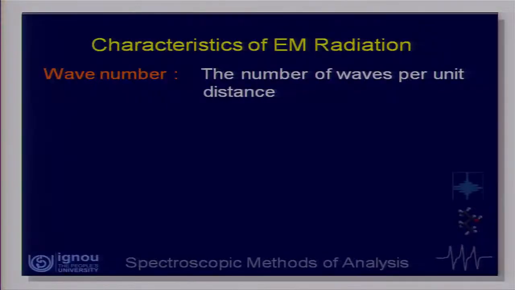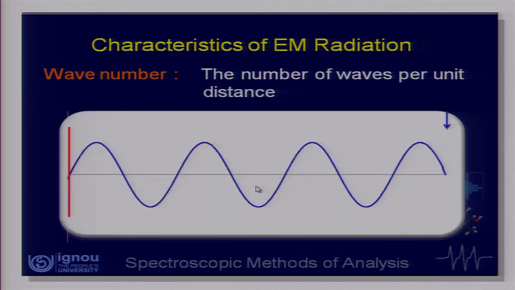Now, let us take up yet another characteristic of EM radiation, and that is wave number. As the name suggests, it is defined as the number of waves per unit distance. I have a wave here which starts from somewhere here and terminates here.